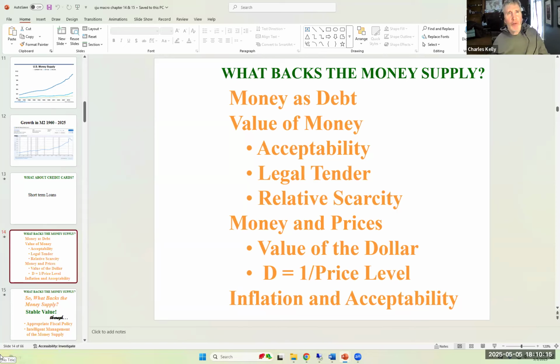And then the relative scarcity, that's the most important of the 3 reasons why fiat currency has value, or it serves as money. But when you say, you know, the dollar versus inflation, the dollar versus changes in the price level, the greater the inflation, the less purchasing power a dollar holds.